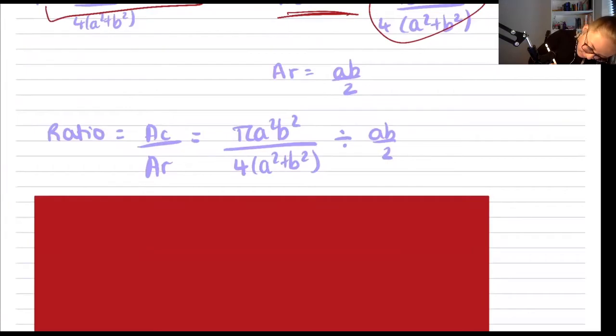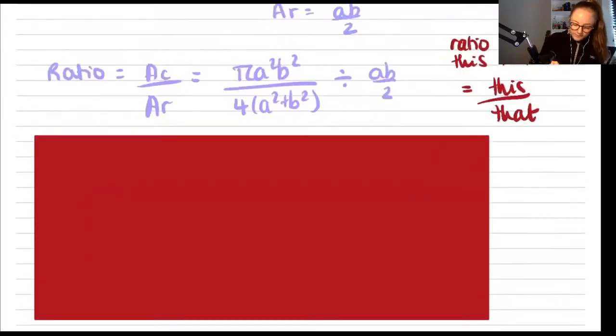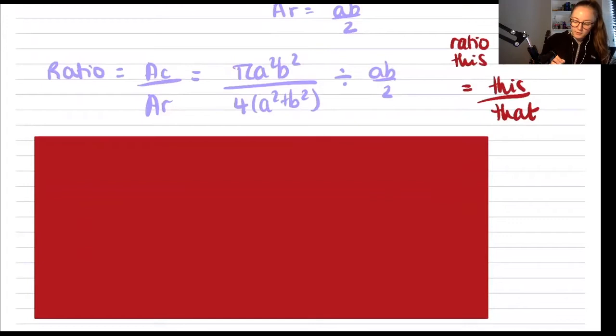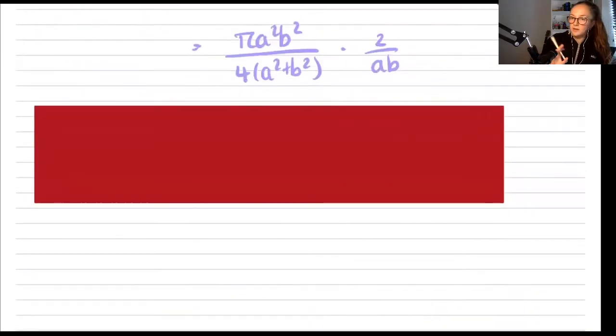If we want the ratio of this to that, that is the same as this over that. So we want the area of the circle divided by the area of the rhombus. Just sticking that in. I'm sure you know that if you're dividing by a fraction, you can multiply by the reciprocal of the fraction. That'll just simplify the maths a little bit.